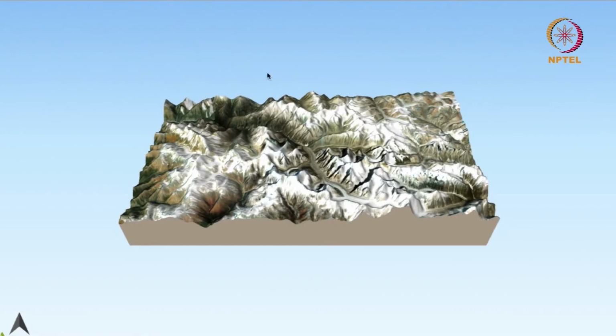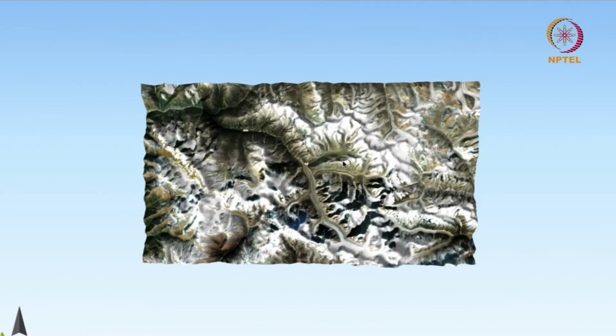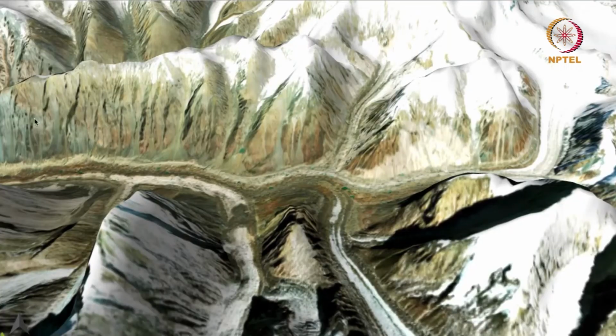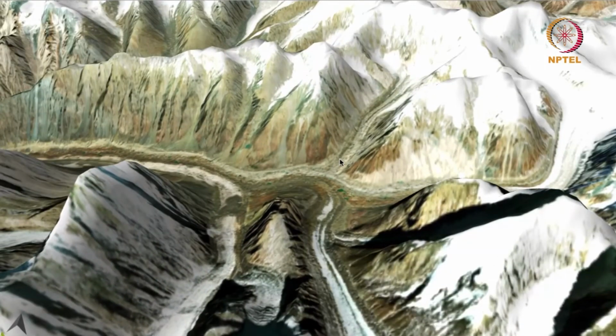Now to understand the cirques, let us have a look at the Gangotri Glacier in 3 dimensions. So let us zoom at this point. Now in this point, what do you observe? You have this glacier that is moving along this line. In the winter season, all of this area is full of snow and the snow is moving from here to the downward locations.